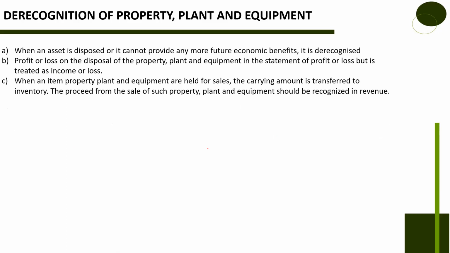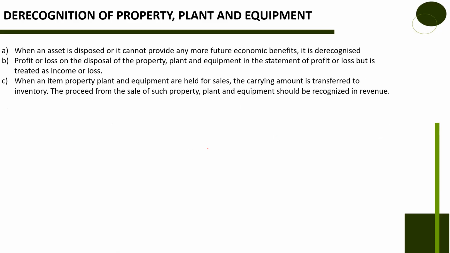So let's look at the derecognition of property, plant, and equipment. When an asset is sold off or disposed, how do we take care of this? When an asset is disposed or it cannot provide any more future economic benefit, it is derecognized.